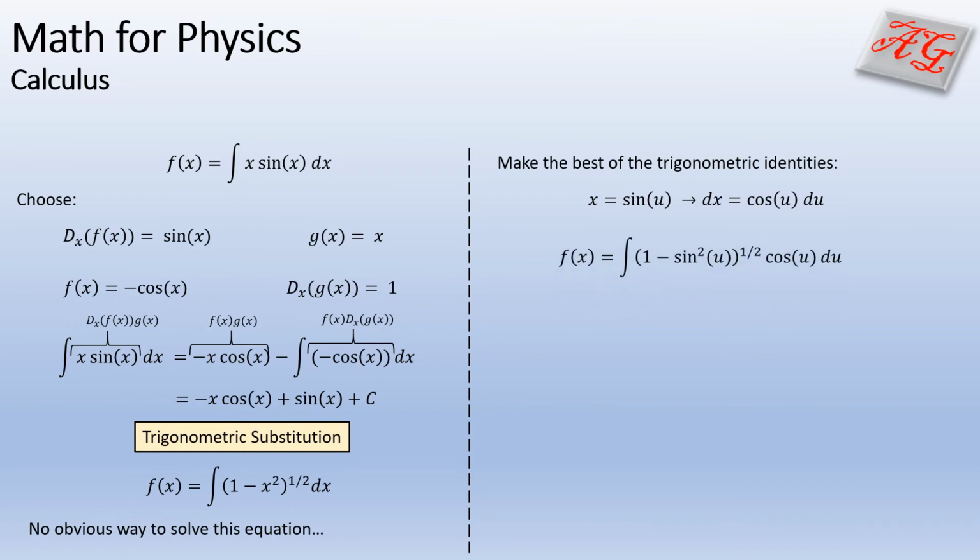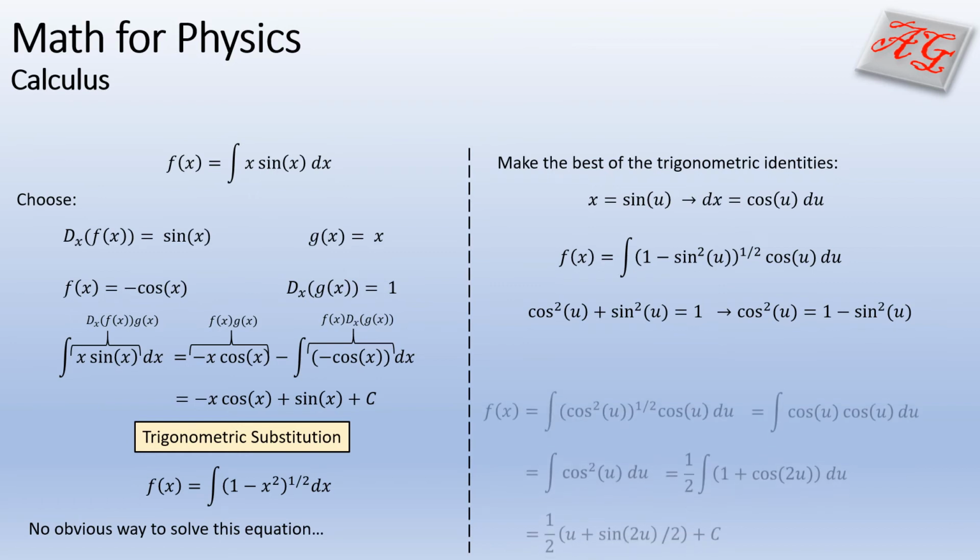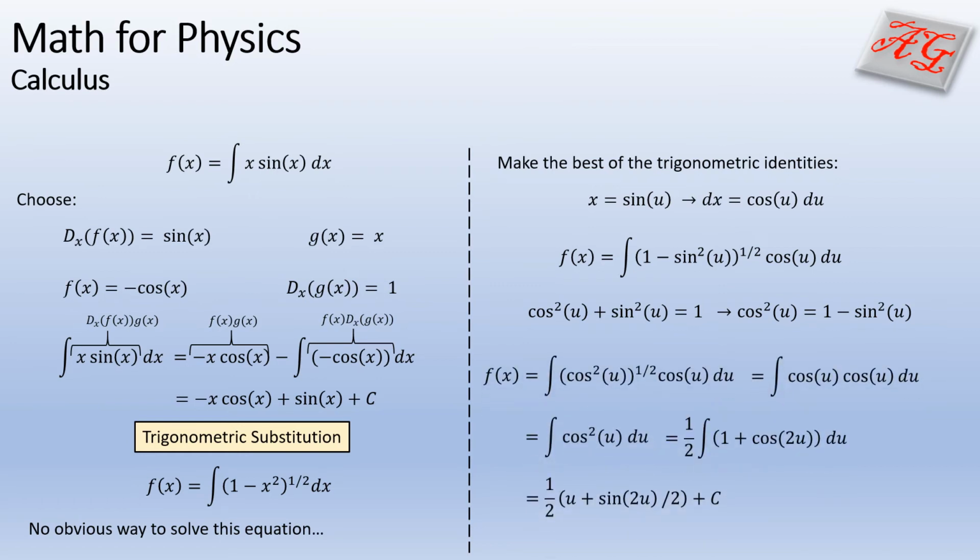Replacing these values in the function, we get an integral with respect to u that at first sight looks more complicated than the original integral with respect to x. But remember that cosine squared of u plus sine squared of u is always 1. So we can solve for cosine squared of u, that is 1 minus sine squared of u. That way, we can simplify the integral to that of cosine squared of u with respect to u.